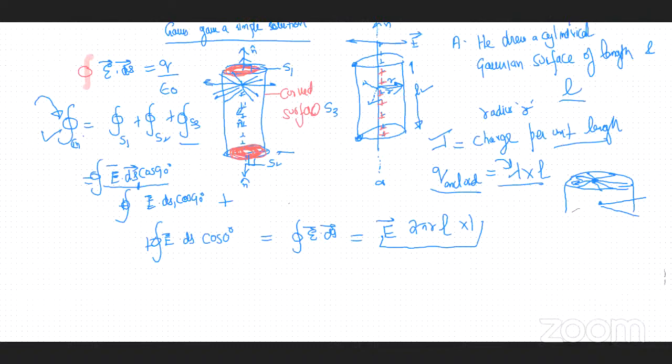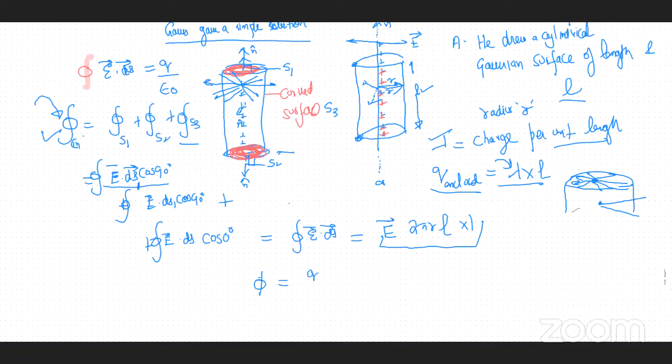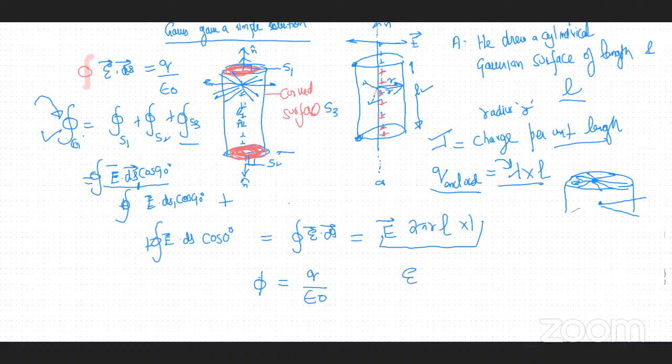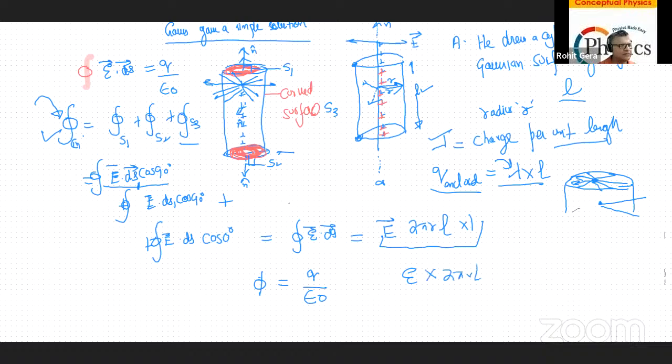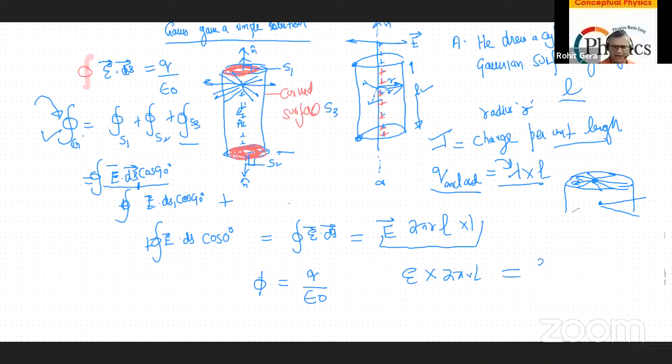In the next step, now that you know the flux, and you know the flux is to be written as Q upon epsilon naught, I'm going to write my flux as E, the electric field due to the line charge density, multiplied by 2 pi R L. I remember this, we did the derivation in class. It has to be remembered, memorized and understood.